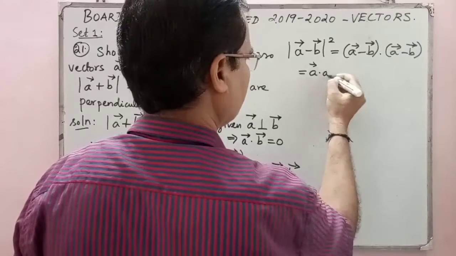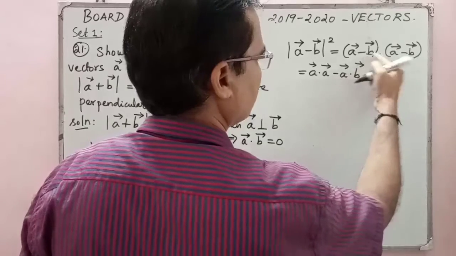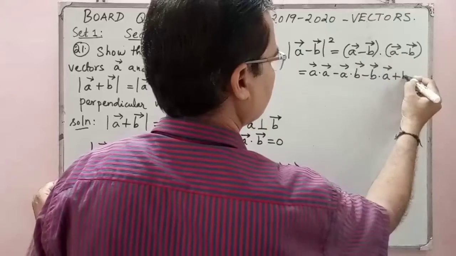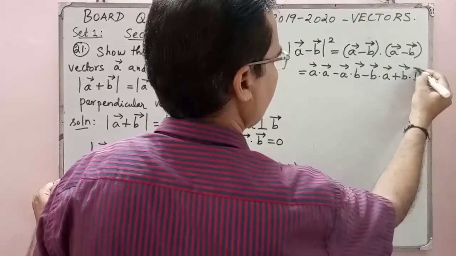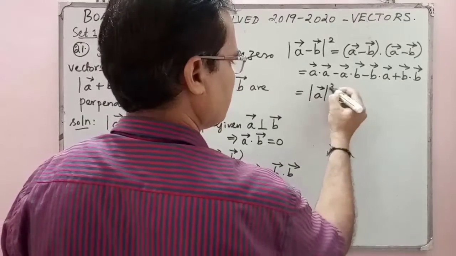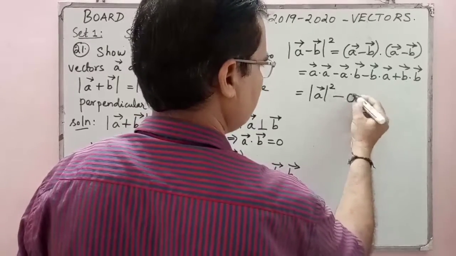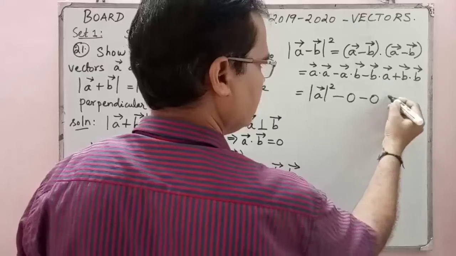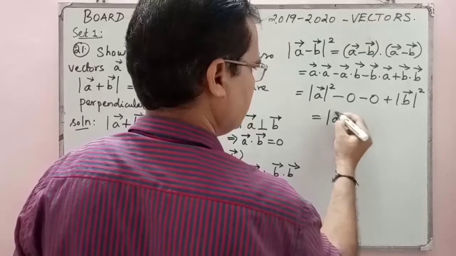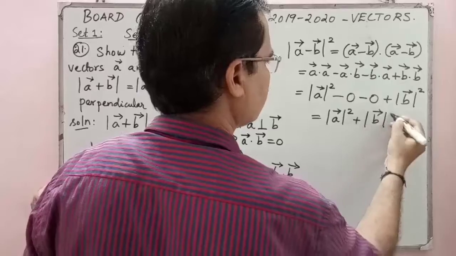A vector dot A vector minus A vector dot B vector minus B vector dot A vector plus B vector dot B vector. Okay. Now A dot A is again modulus of A squared. Now A dot B is 0, B dot A again is 0, plus modulus of B squared. Now we are left with modulus of A squared plus modulus of B squared.